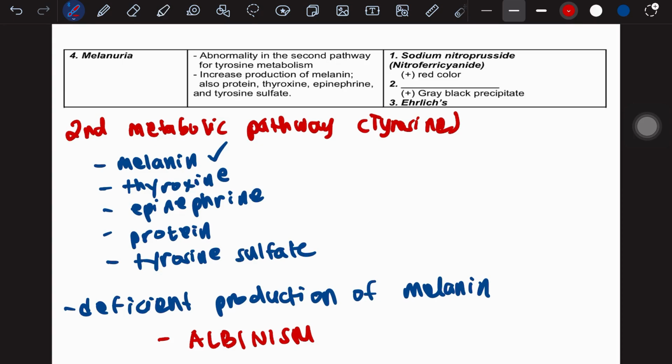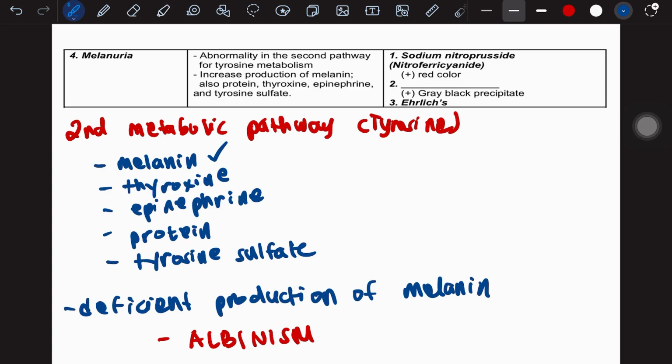The tumor, this malignant melanoma, will secrete a colorless precursor of melanin. So, what is its colorless precursor? That is 5,6-dihydroxyindole. So, it will oxidize to melanogen and then to melanin, producing a dark urine.